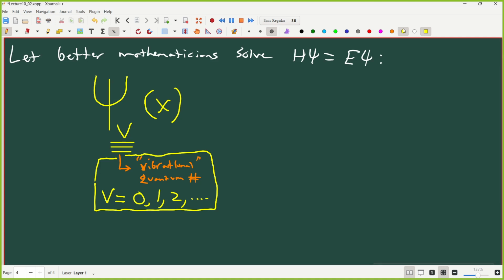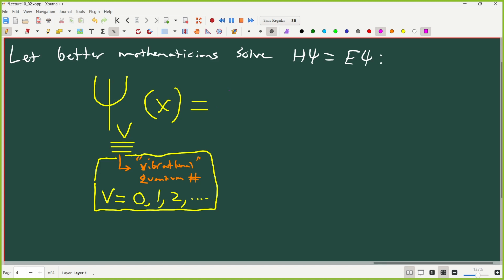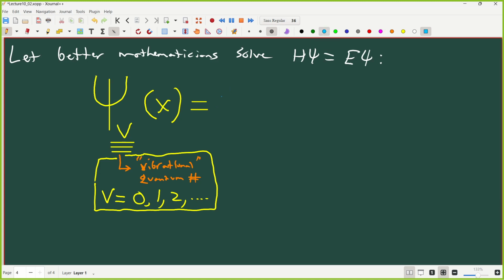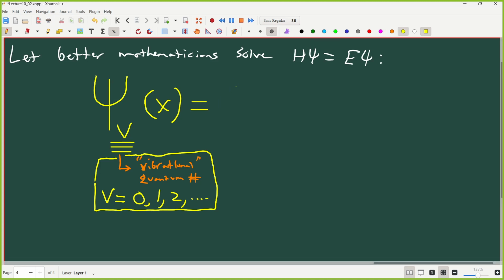And the wave functions look like this. I'm going to draw each component in a different color, so I can tell you what they each mean. So the first part of it is the normalization constant. It's the thing that makes the function integrate to 1.